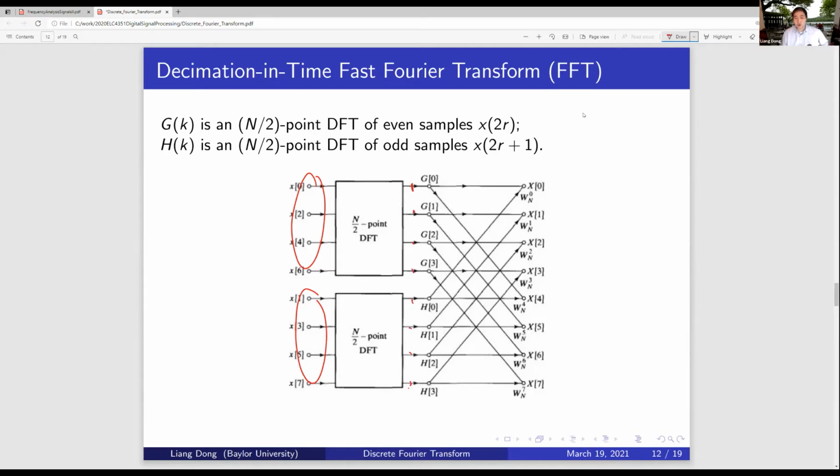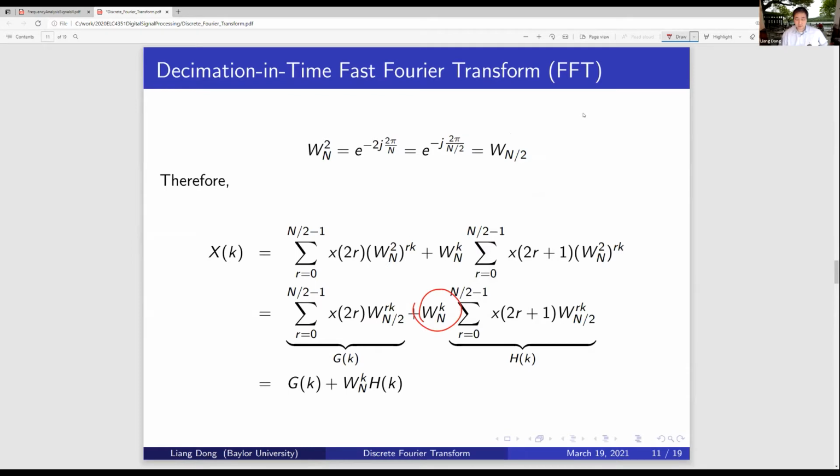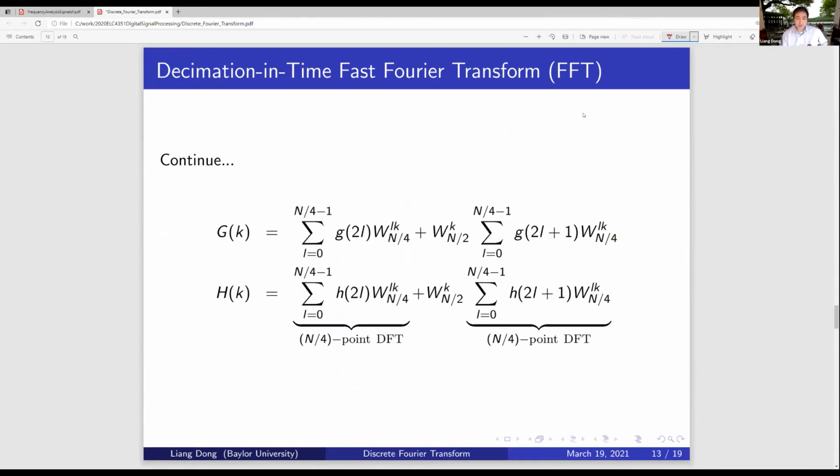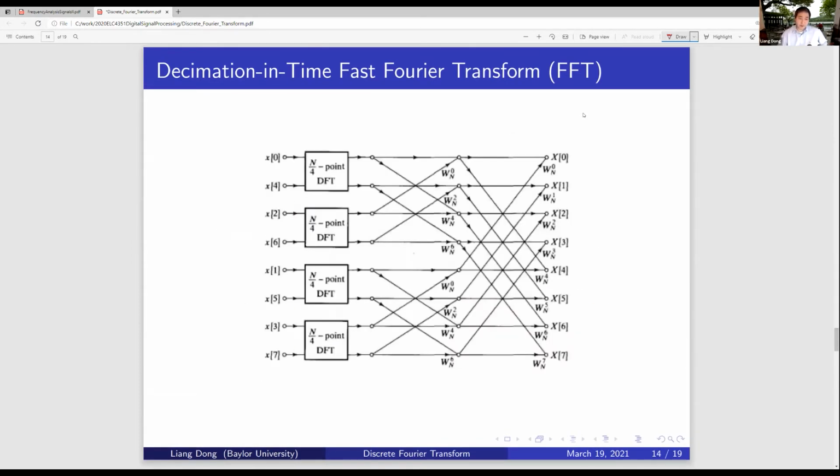Following the previous equation, we just combine. We got this output G and this output H, so we combine them with a weight. This is a weight. Continue this process. We can also reorder these inputs and put the N over 2 point DFT into two N over 4 point DFTs, this and that.